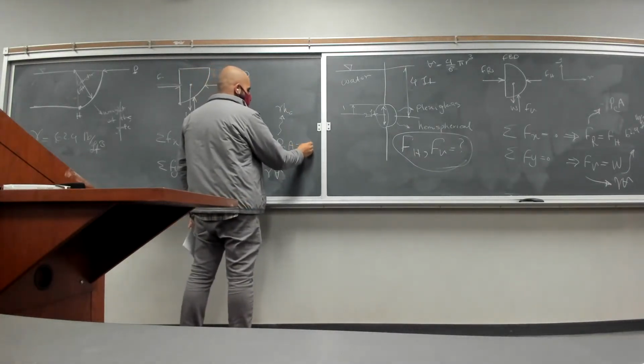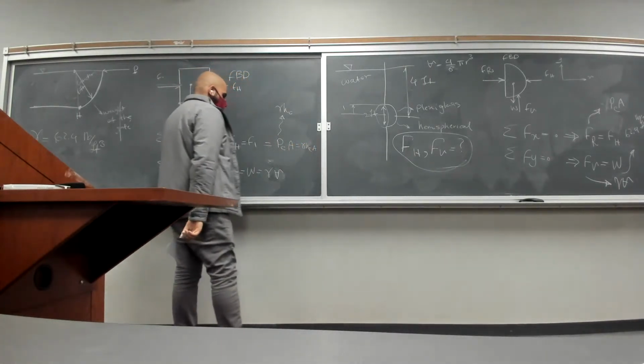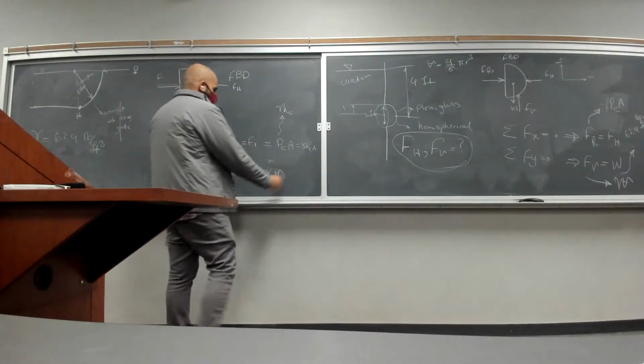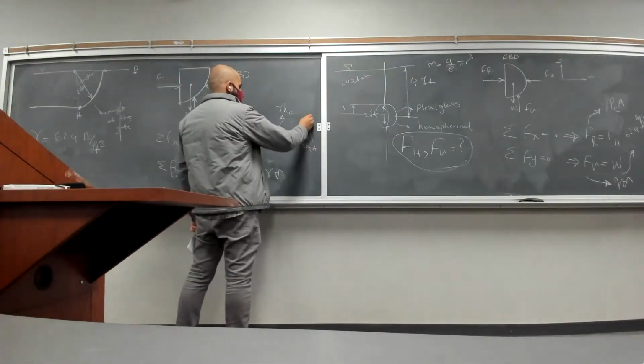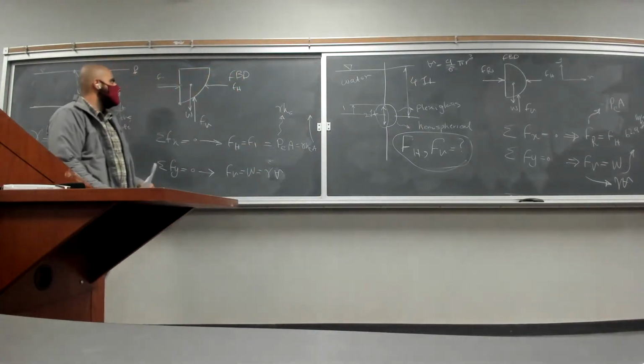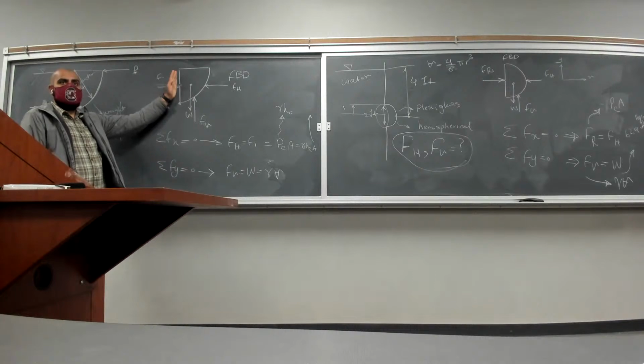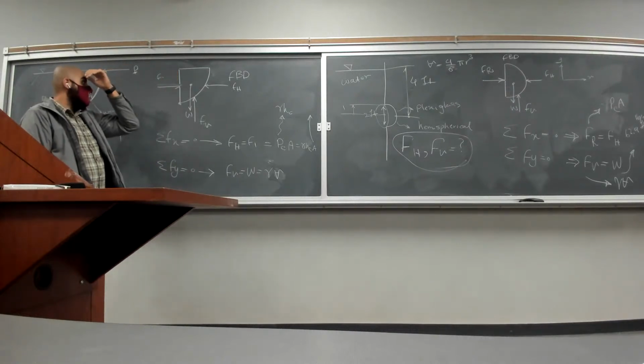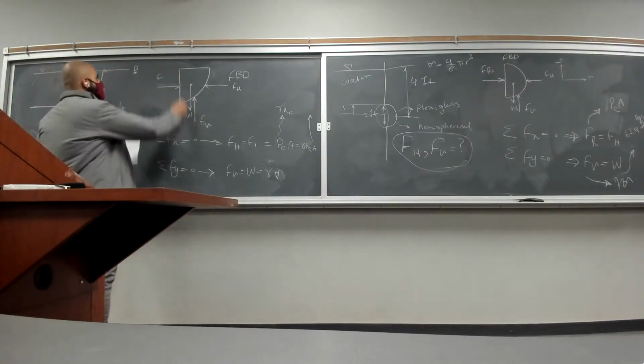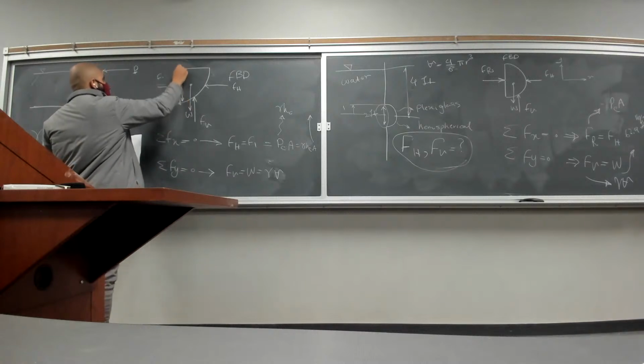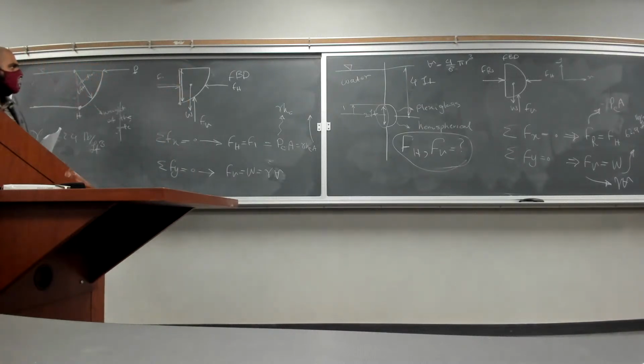So this is gamma HC A. A here is the cross-sectional area of this, right? Whatever that is, it's going to be this length multiplied by the width.